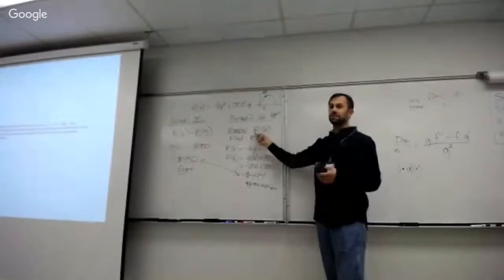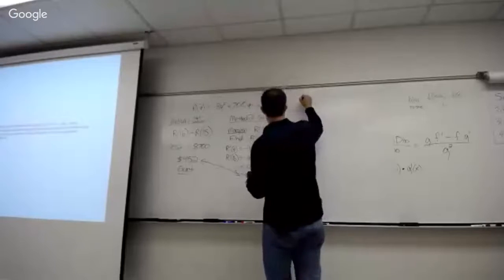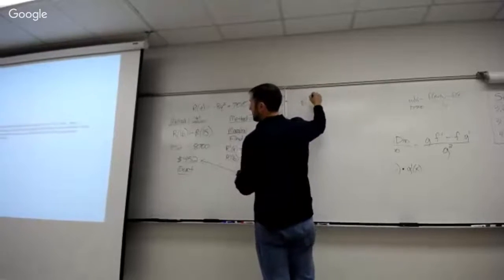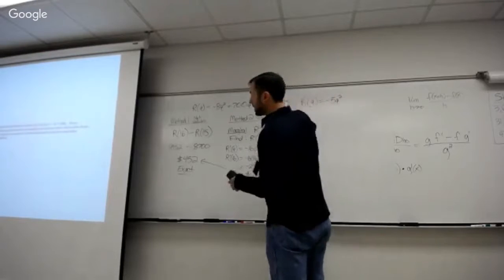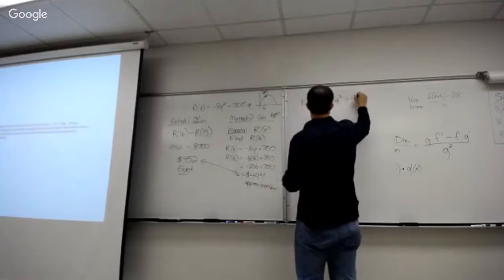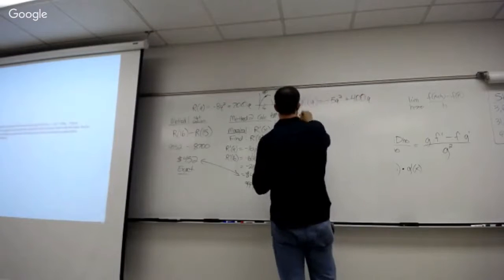It's just the derivative. So if they say that the revenue is -5Q squared plus 400Q, everyone go ahead and calculate the derivative.